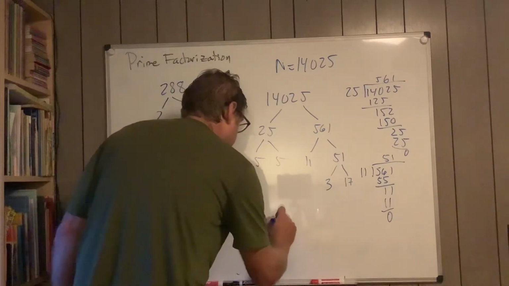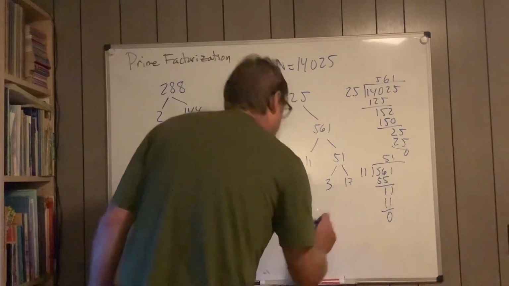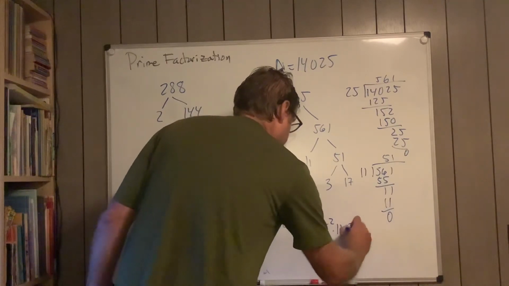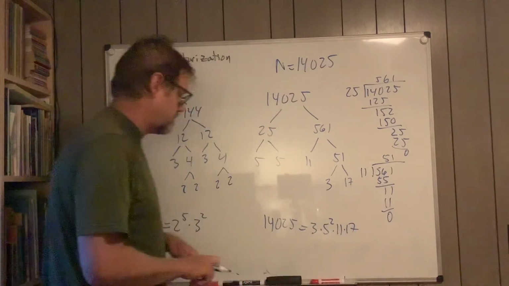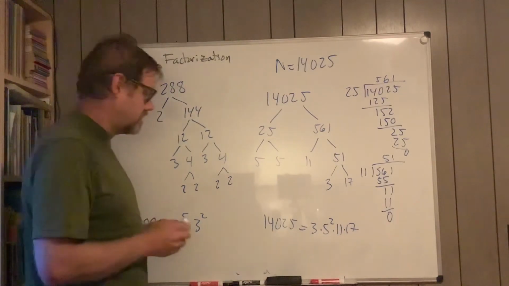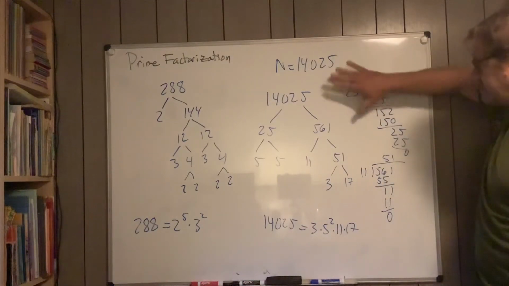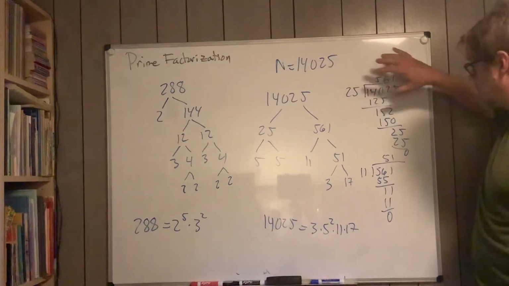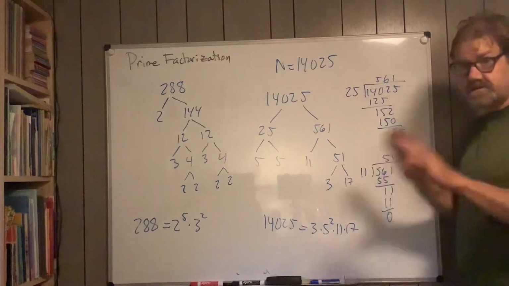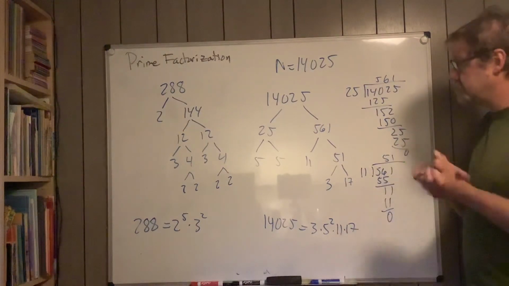But what this shows me is 14025 is 3 times 5 squared times 11 times 17. So we've got that. Okay. So this is starting to show the power of a lot of the little divisibility tests. Long division is still playing a role because we really want to know what the factors are, which you have to do this way. But this shows some examples on that.